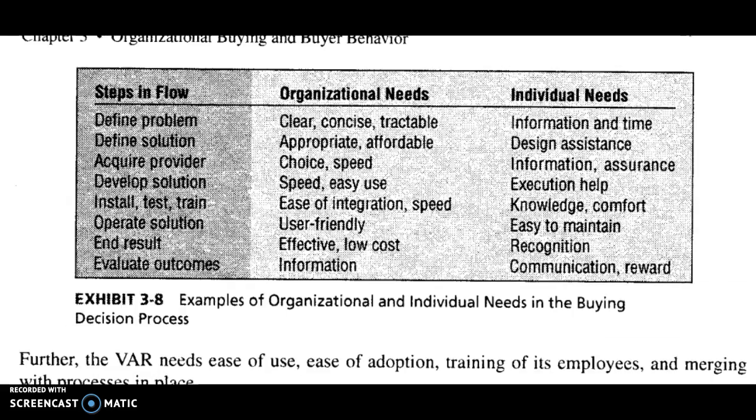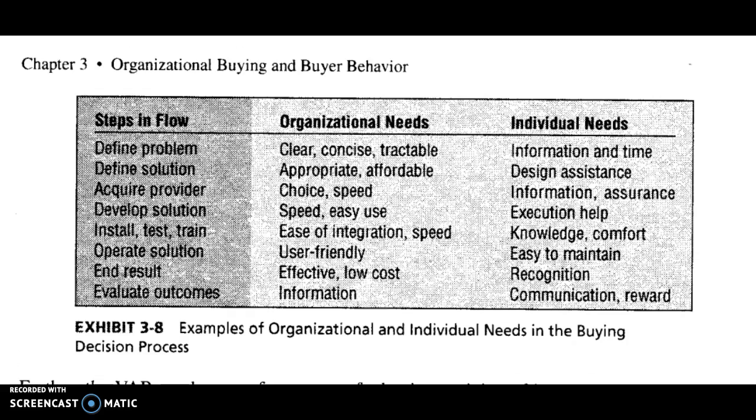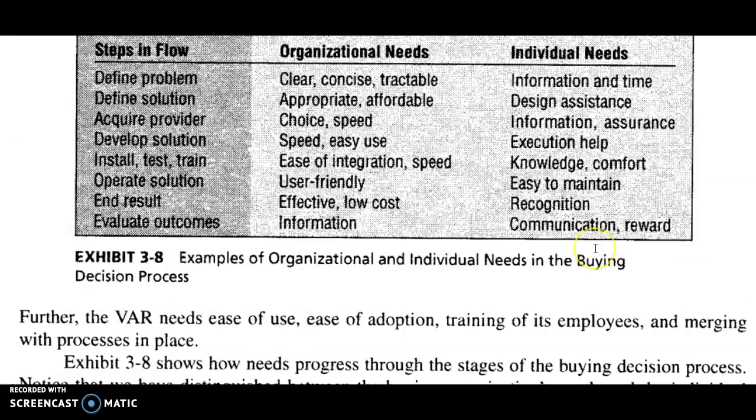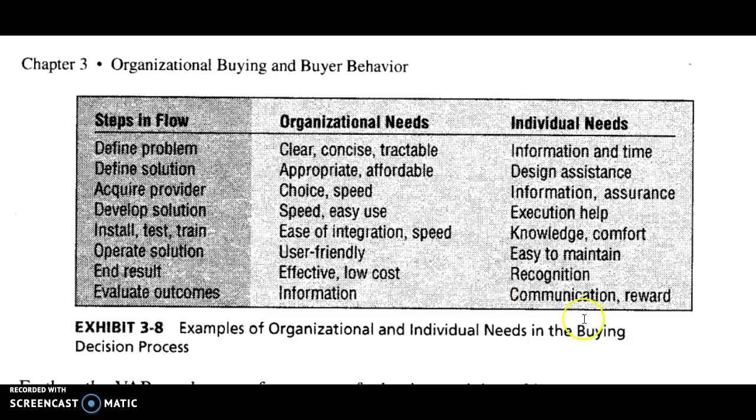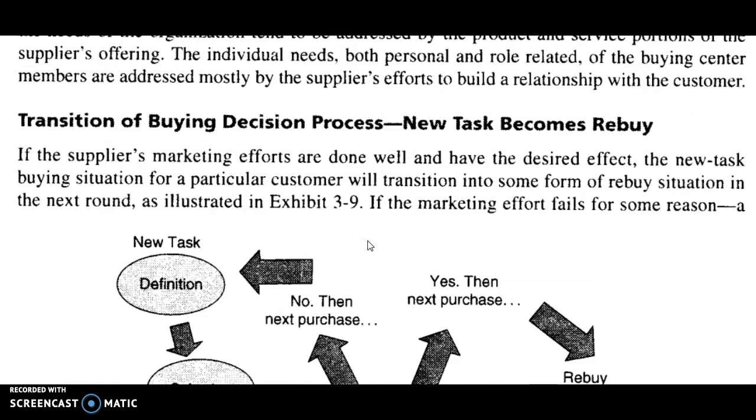Let's look again. Buying center, individual needs. We need both personal and role-related. Here, individual needs, personal and role-related, and here are the organizational needs. Transition of buying decision process: new task becomes rebuy.